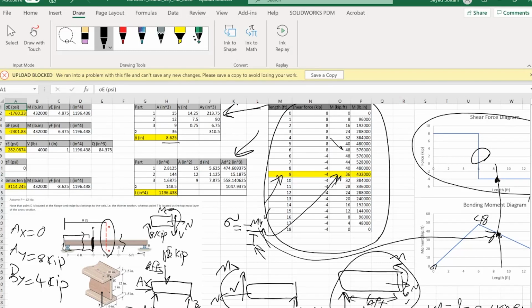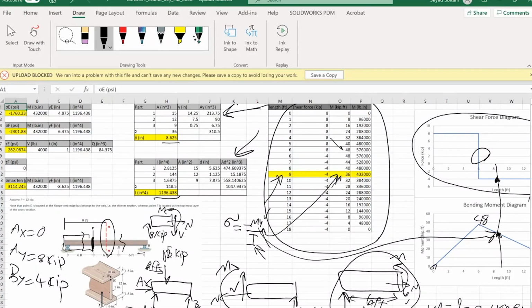We divide up the composite area into several sub-areas, for each of which we calculate the moment of inertia around its own neutral axis, and then add one additional term, A, the area of the sub-area, multiplied by D squared, D being the distance between the neutral axis of the sub-area and the neutral axis of the entire section. If you do that, you get the moment of inertia for the entire cross-section.